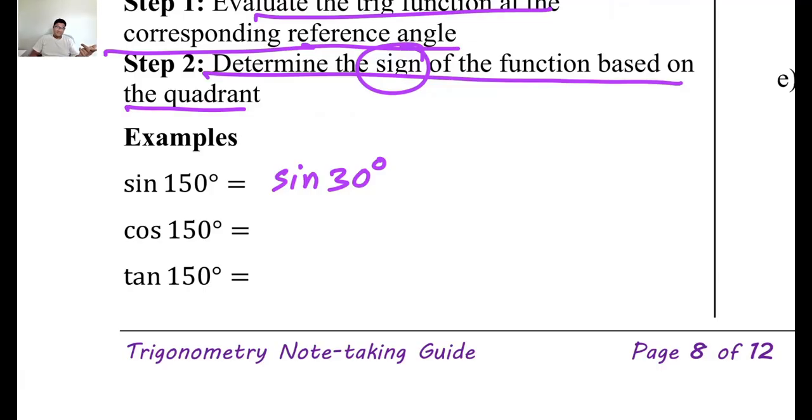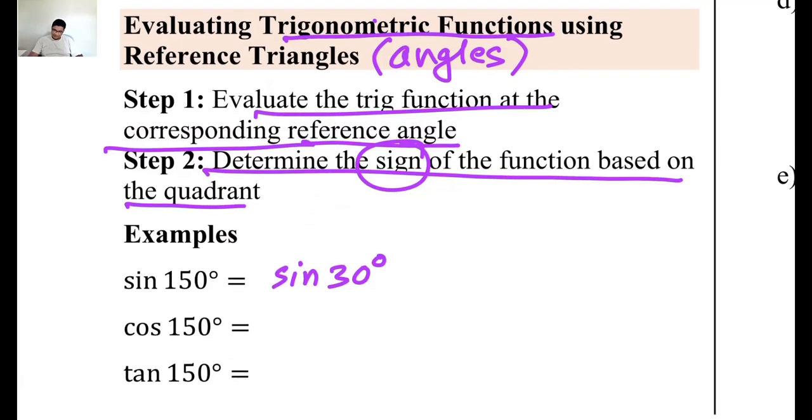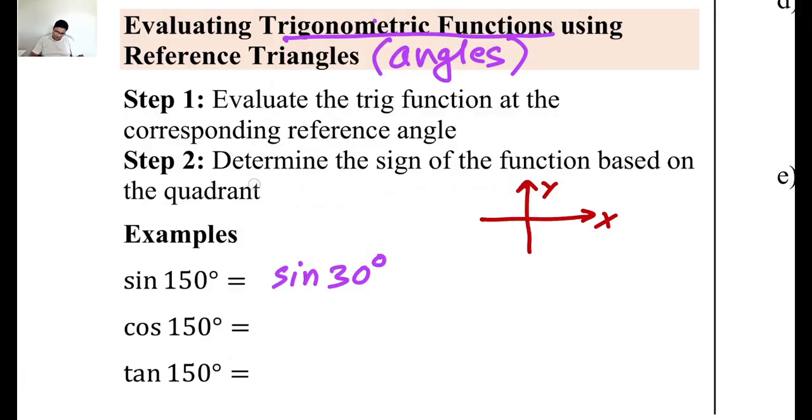The question is, is it plus sine 30 degree or minus sine 30 degree? To answer that, you have to look at the quadrant. A small diagram is enough to do that. Okay, let me erase these steps here. 150 degree is here, second quadrant.